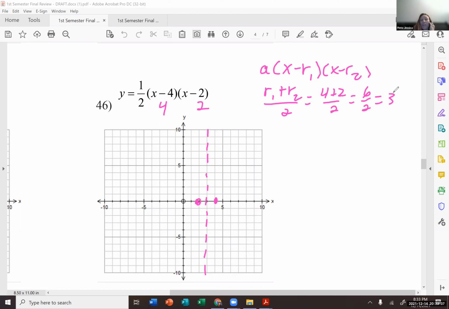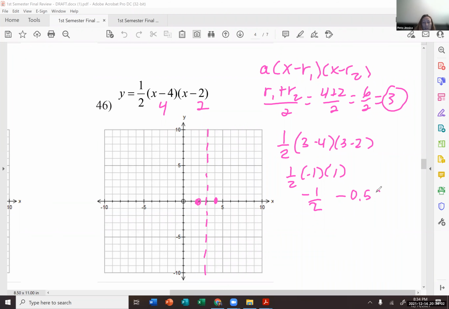Now that I have that the number is 3, I plug that in to find the vertex. So that's 1/2 (3 - 4)(3 - 2), which is 1/2 of -1 times 1. That ends up being -1/2, which is -0.5, which is just easier for me to graph right here.